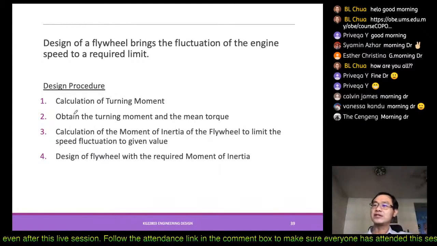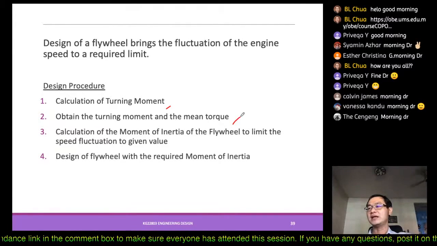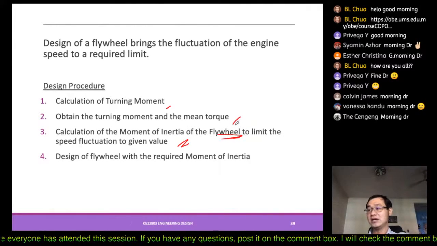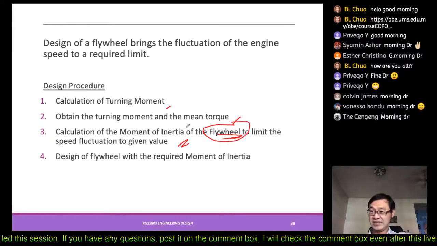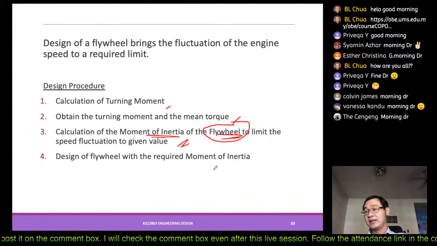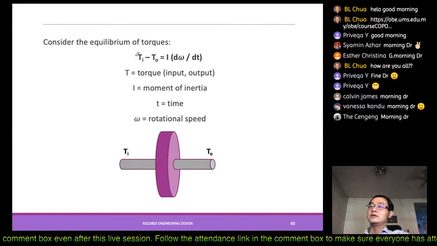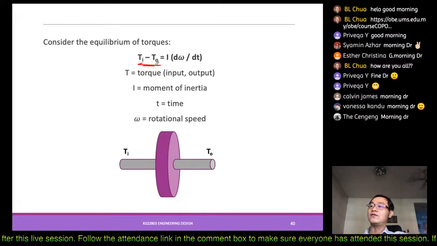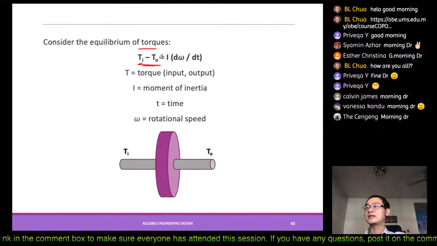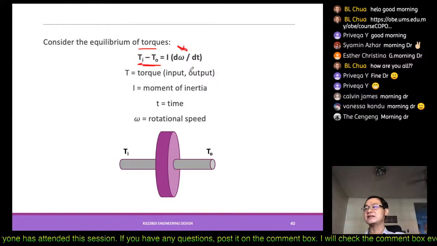So the design procedure will be: we obtain the turning moment, then we calculate the moment of inertia of the flywheel. This flywheel design mainly depends on the moment of inertia. The torque of anything, input and output, can be given by I alpha, the angular acceleration.